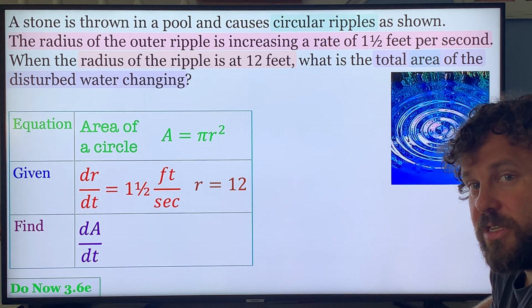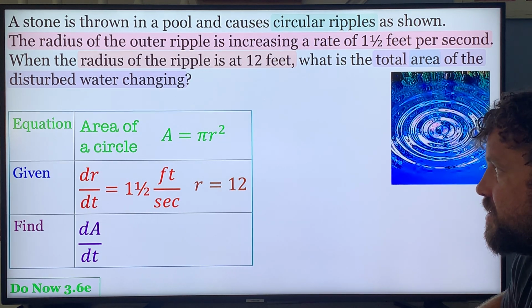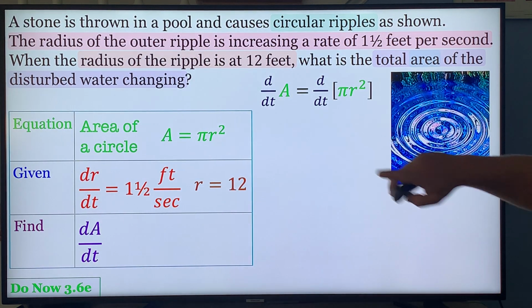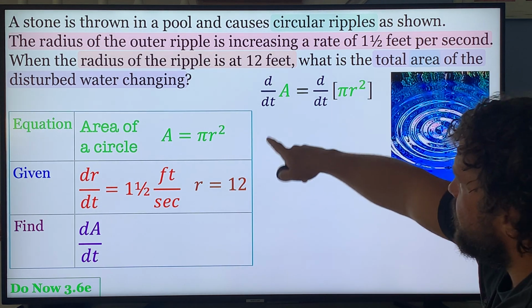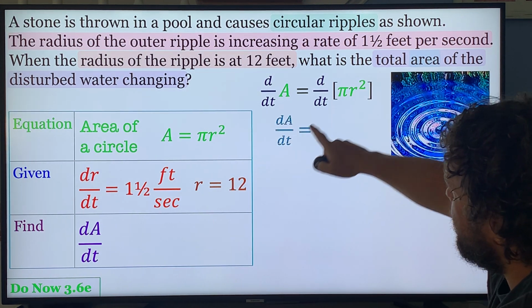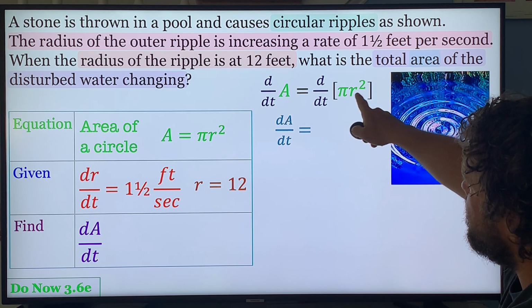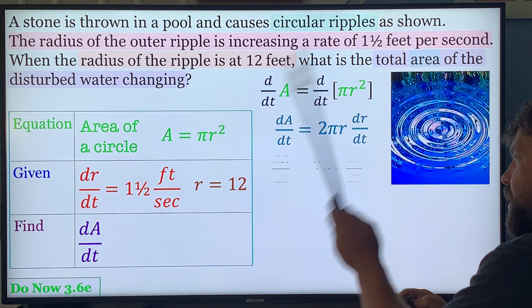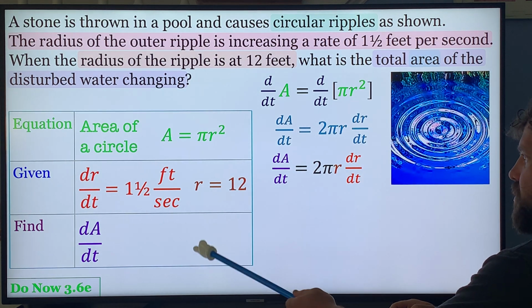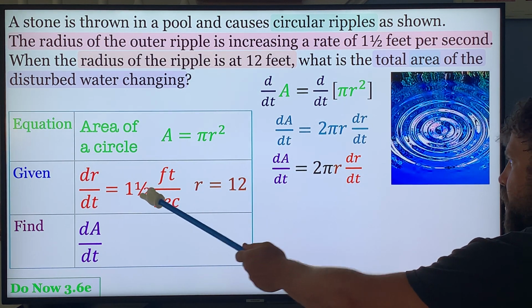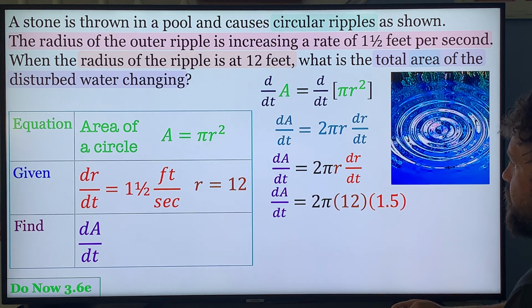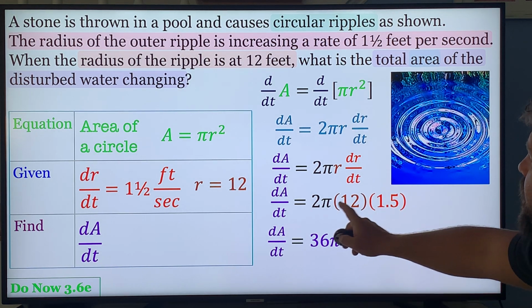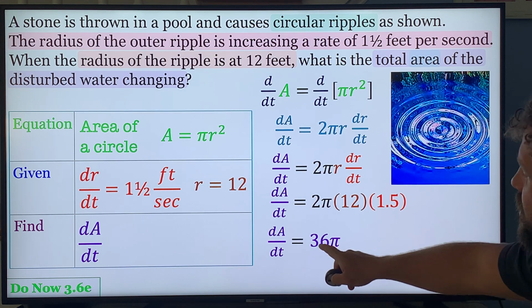See that? You just figured it out. Starting to click. You didn't realize you were this good. Derive this equation in terms of t. dA/dt equals 2r dr/dt times pi, which is pi 2r dr/dt. Plug in our stuff. 12, 1 1/2. 36 pi. 2 pi times 12 is 24, times 1 1/2 is 36 pi.